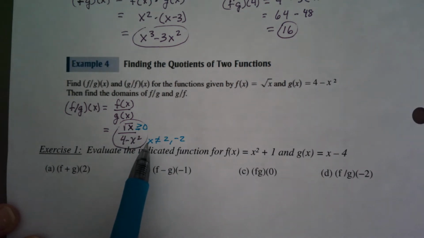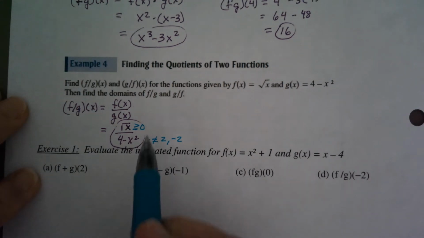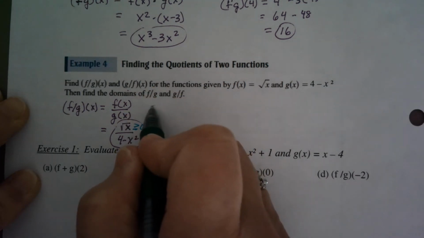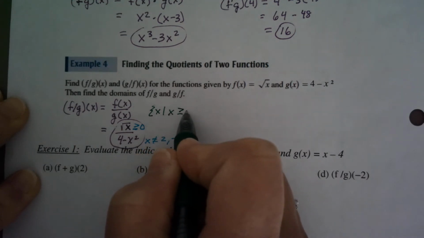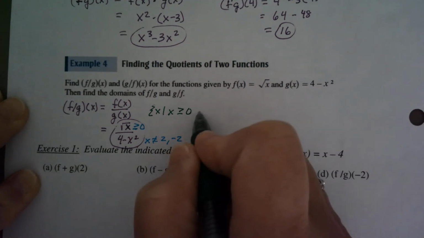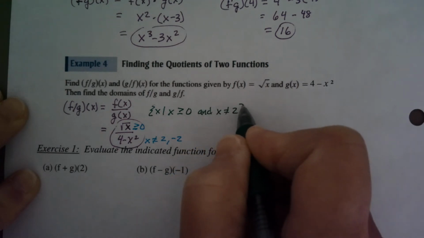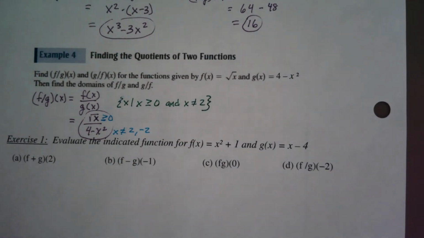So overall, our domain is all values of x such that x is greater than or equal to 0 and does not equal 2. That is our domain. X has to be greater than or equal to 0, but not equal to 2.